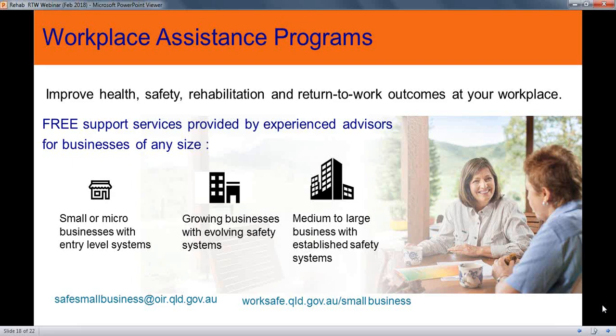IPAM Advanced targets the larger businesses and offers, at the top end, a 2-year program. IPAM Evolve is a series of short site-based consultations across 3 to 6 months for medium size, and IPAM for small business provides a 3-hour advisory service for a small or micro business.